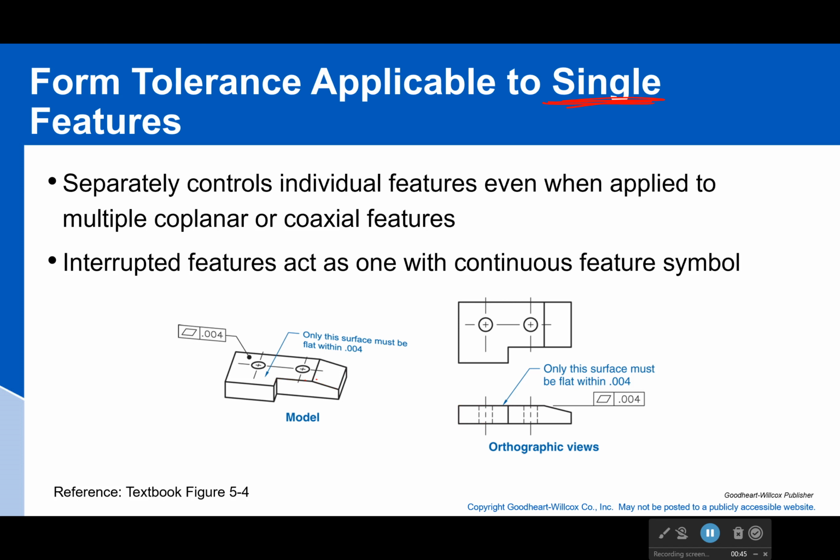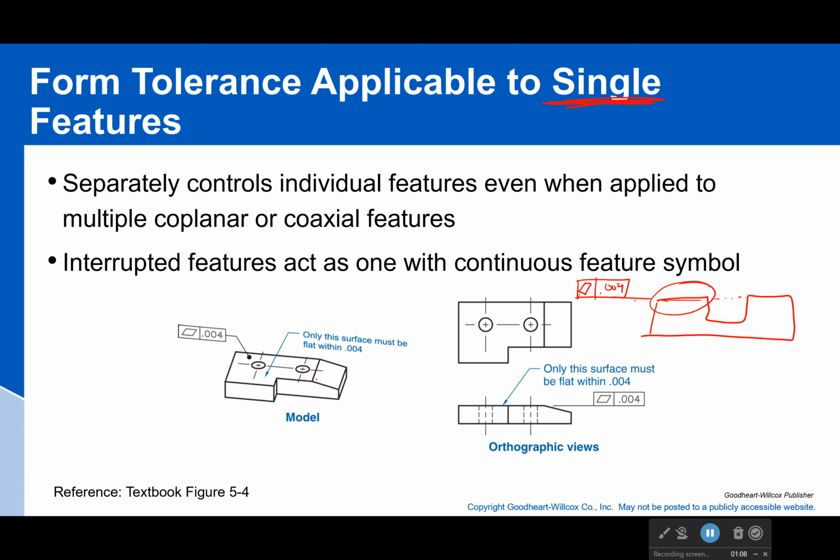Also, even if there are multiple coplanar features, so if I had a case that looks something like this, let's redraw it, there we go. And there's two features and they're coplanar, we can see that. It would only apply to the one that it's applied to.